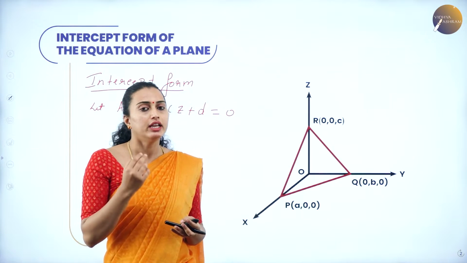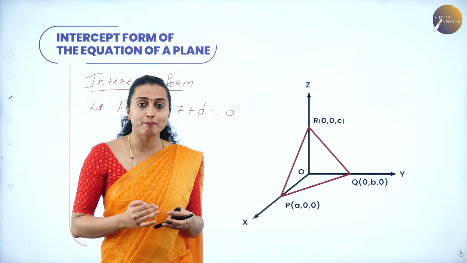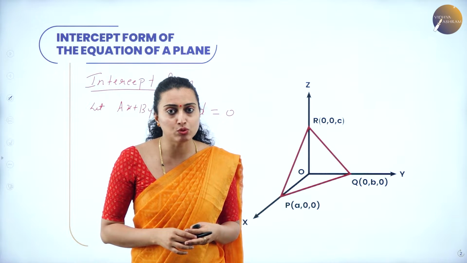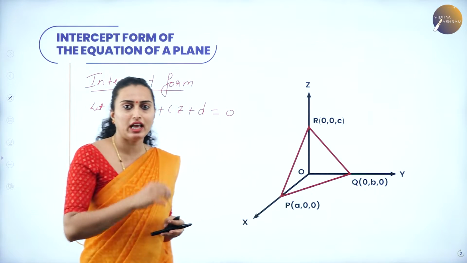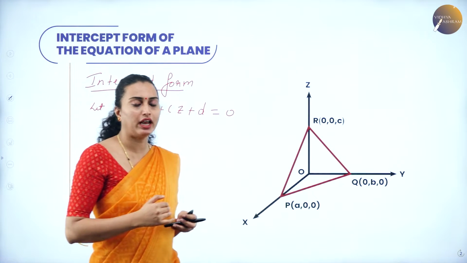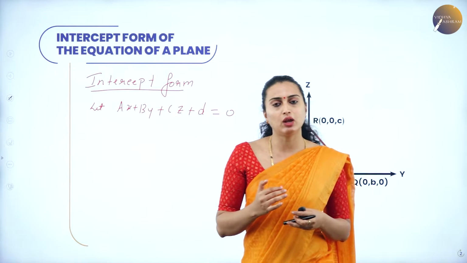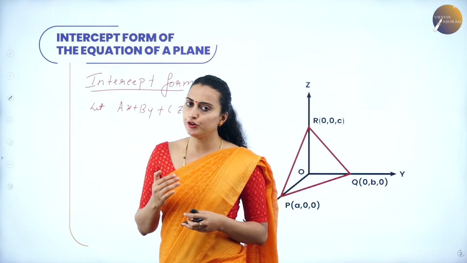You know already, in two-dimensional, intercept form is given by x by a plus y by b is equal to 1, isn't it? Now in three-dimensional, what intercept form do you have to derive? You have to derive that x by a plus y by b plus z by c is equal to 1. You have to prove that one.